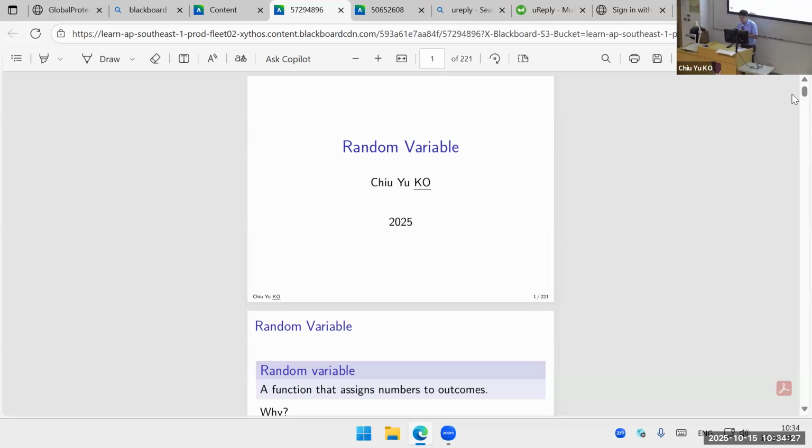Just a very quick review of what we said last time, which is talking about the random variable, because today we will get into the business of sampling distribution.